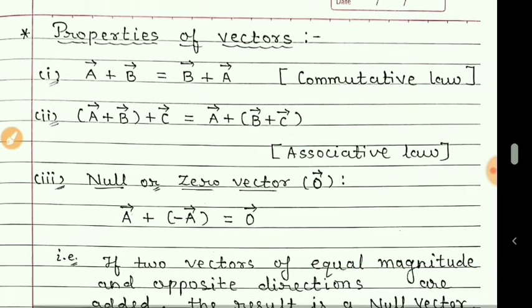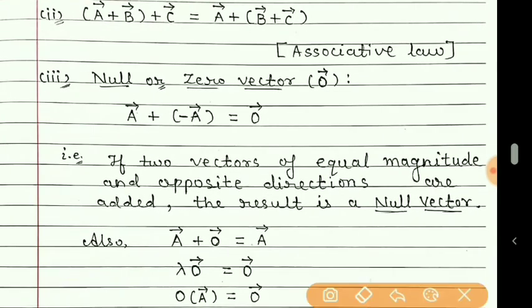Now null vector. A null vector or a zero vector is denoted by a vector sign on 0. Students, when we add two vectors which are opposite to each other, then the result is a null vector or a zero vector.